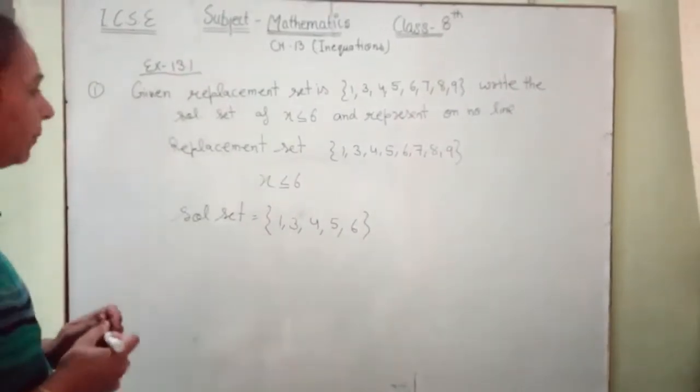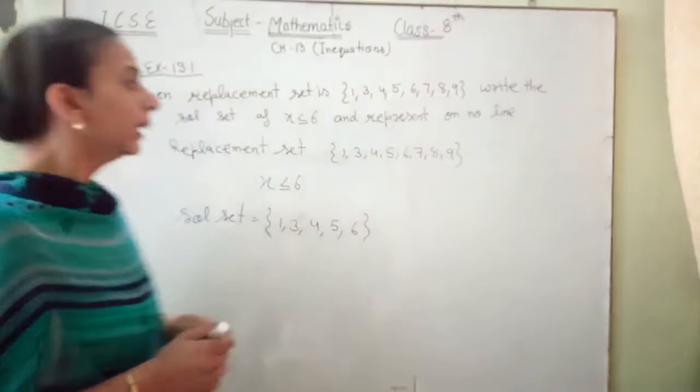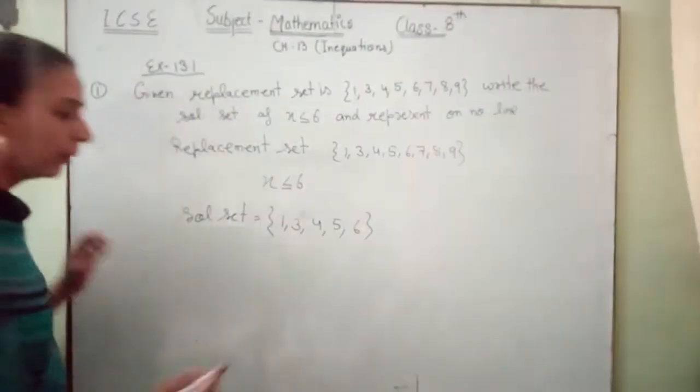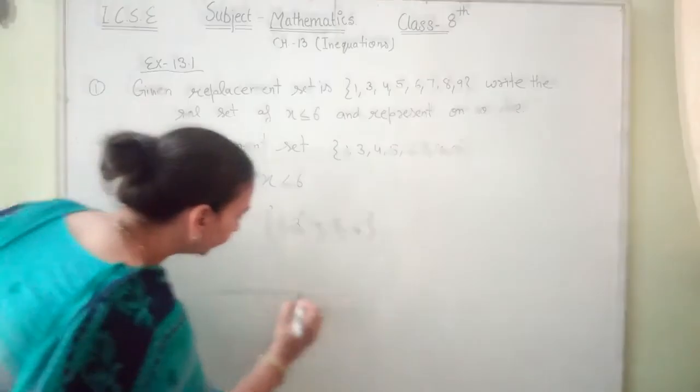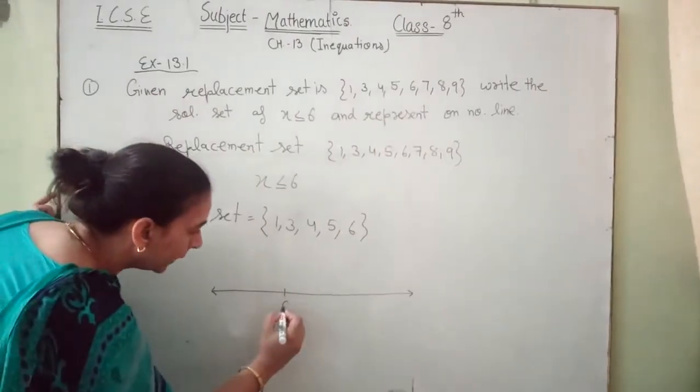Again, first we find the solution set, and after that we represent it on the number line. We know a number line, this is a number line, and we mark 0.